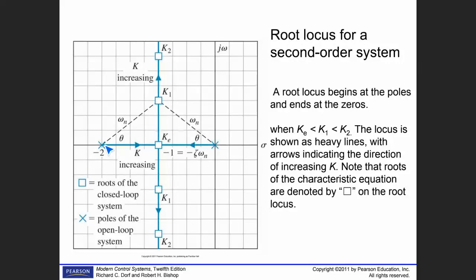When you increase K, while increasing the K, your transfer function roots are located, and then at a certain point it comes and joins. That point reflects a special case. What was that special case about?